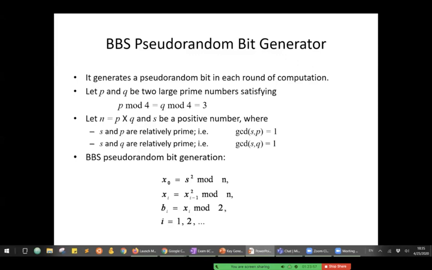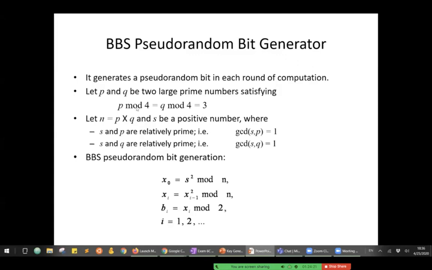So what would be the next one? Like 23. When Q is equal to 23, 23 mod 4 is also equal to 3. So 23 is a prime number, right? So for instance, you can take P equal to 11 and Q equal to 23.